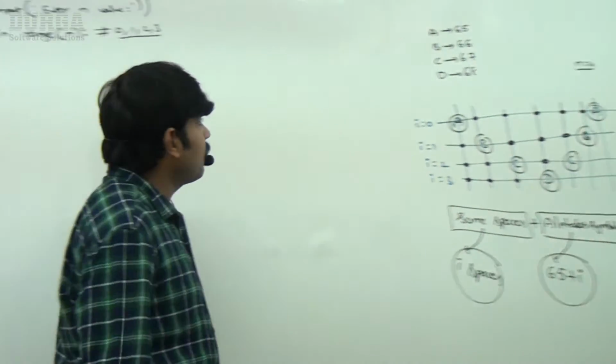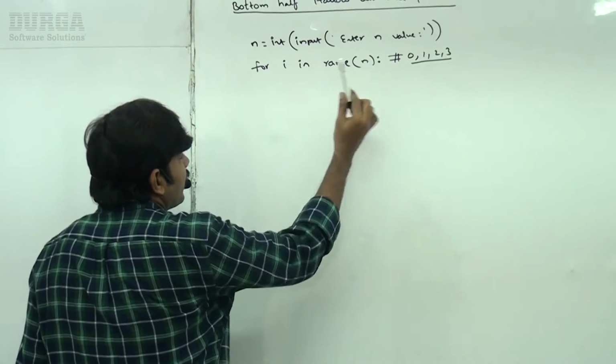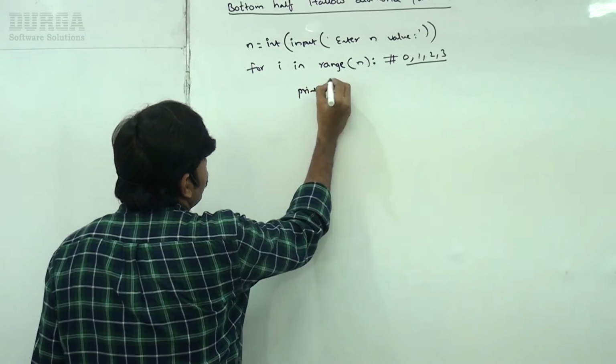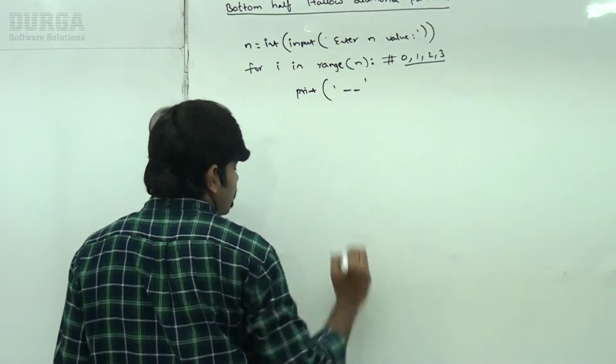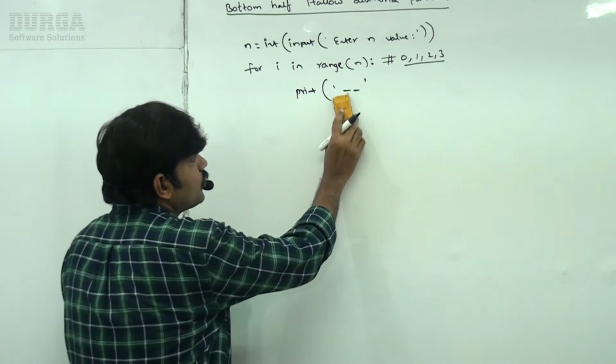Okay, let me implement up to this. So for i in range of n, print space followed by space separator. How many spaces are there, sir? 2 spaces we have to take.